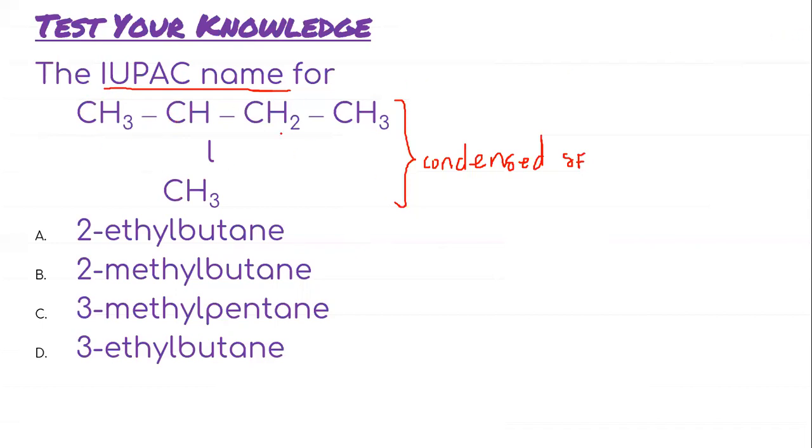You can actually just look at this and turn it into a normal structural formula. So you could have just said, oh, the first carbon has 3 hydrogens, right? Then the second carbon, there it is, it has a hydrogen, it also has a CH3.